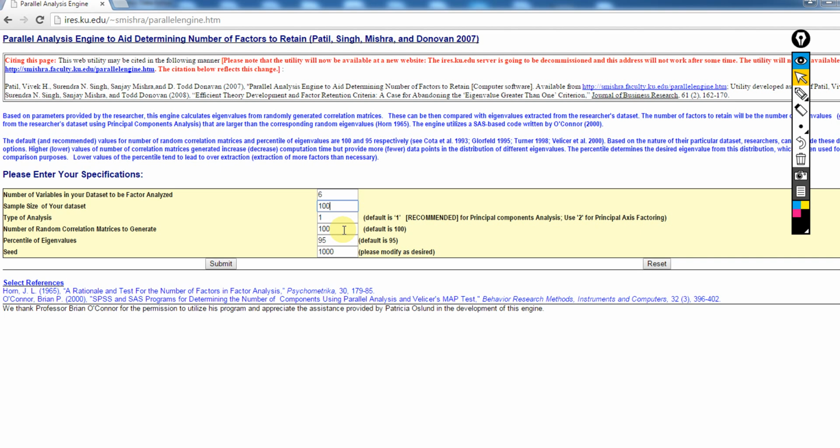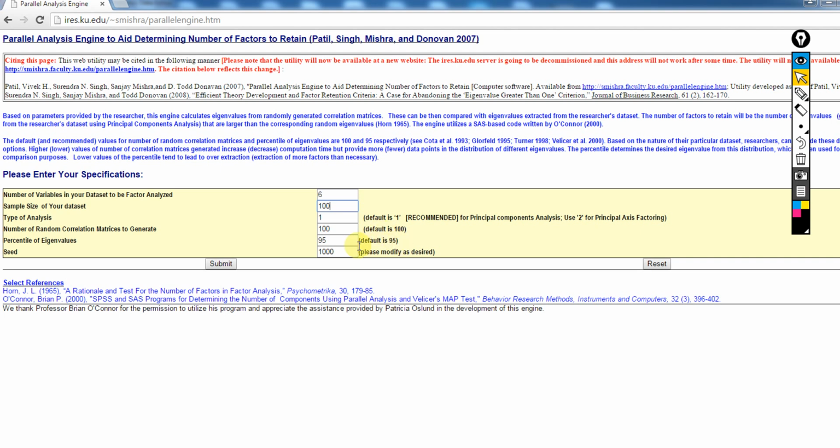Essentially we've generated an empirical sampling distribution of eigenvalues, and then we would take some value from those sampling distributions, such as the mean or the 95th percentile, which is the default in this particular engine, and then compare that against our data.